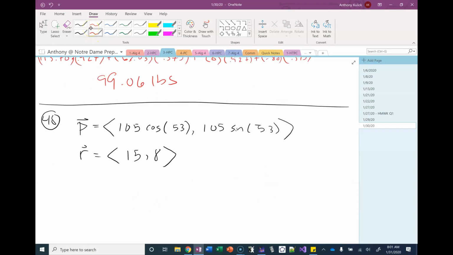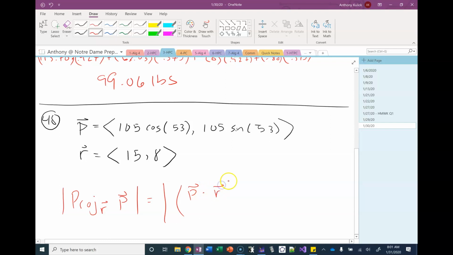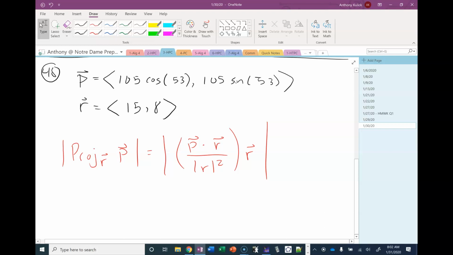And now what I'm going to do is I need to calculate the projection of that pull vector onto the ramp. In this case, because r is not a unit vector, I can't do the shortcut. So I actually have to go ahead and do this the long way. So I need to calculate the magnitude of the projection. I'm going to do the projection by definition.